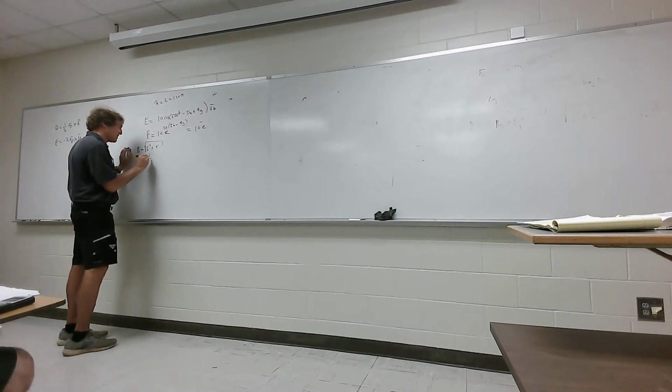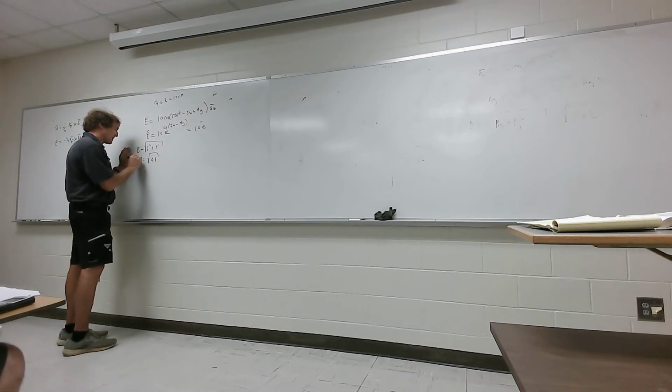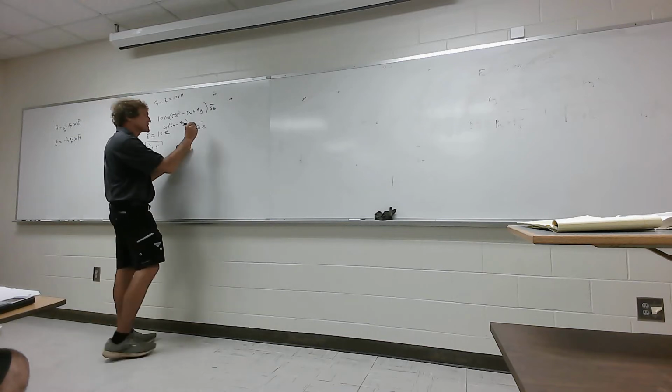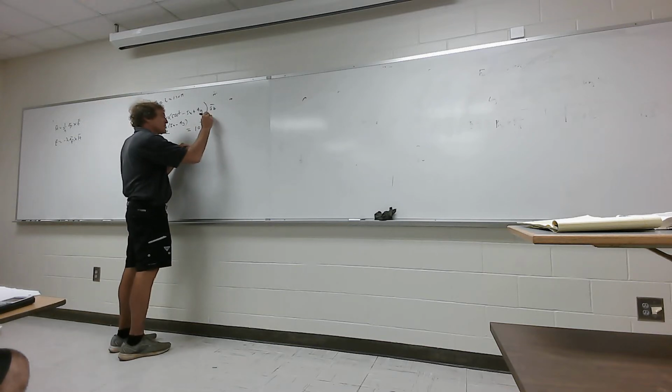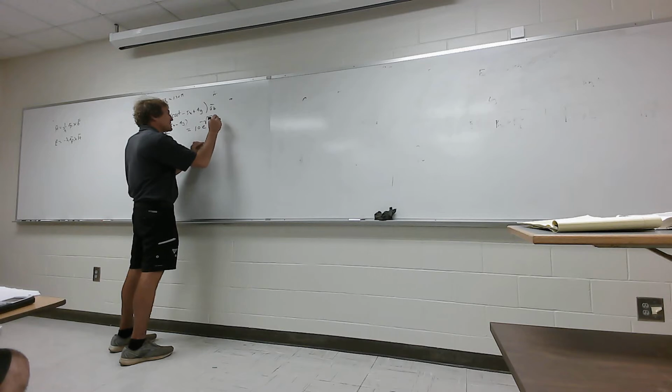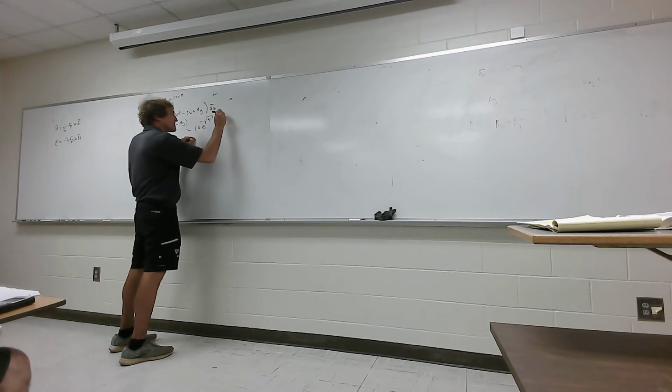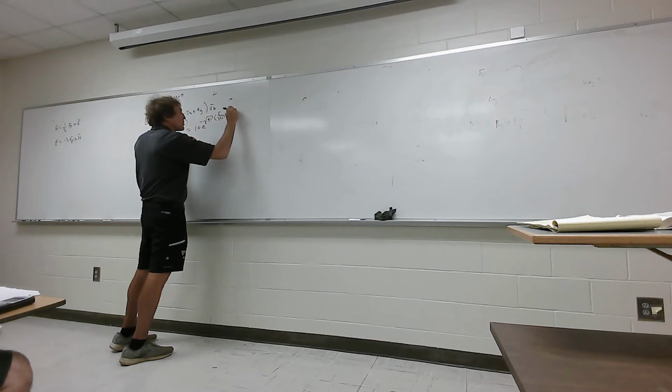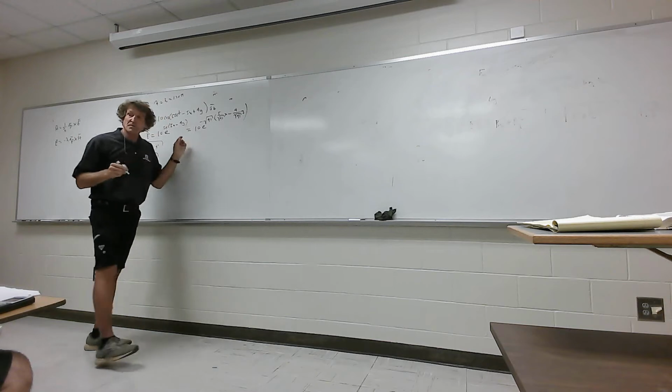Equals square root of 41, right? We really don't need to go this far. And then it's going to be 5 over square root of 41 times x minus 4 over square root of 41 times y. Are you with me?